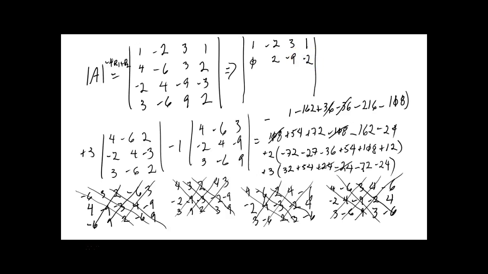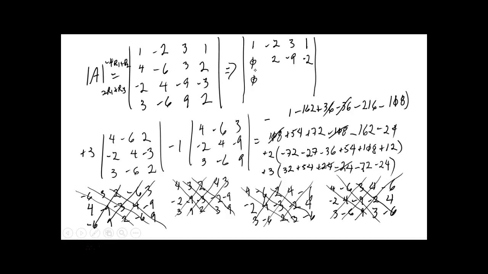I don't hear well. How about the next one? What will that give us? 0. Another 0. They picked one that was hard to do determinants of, but it sure is easy to row reduce. Okay, next.